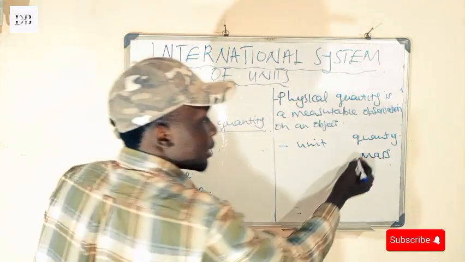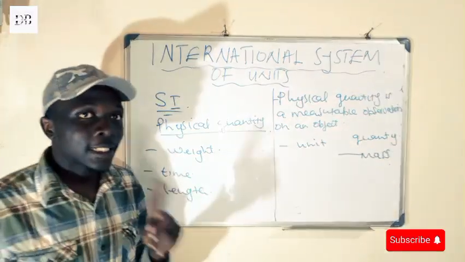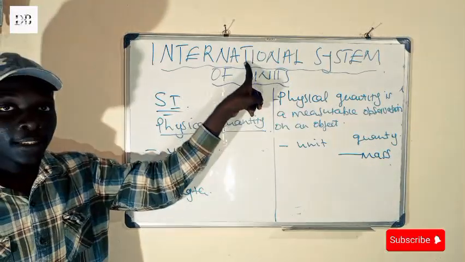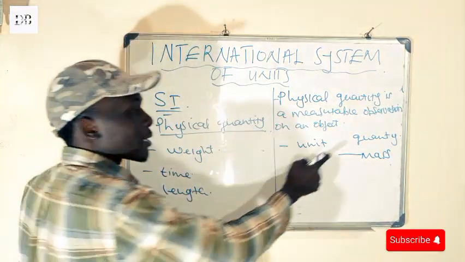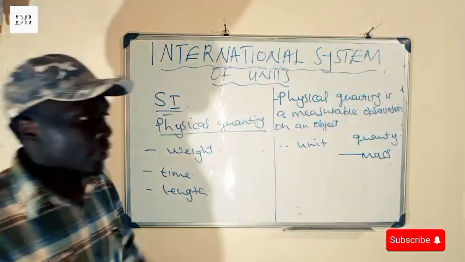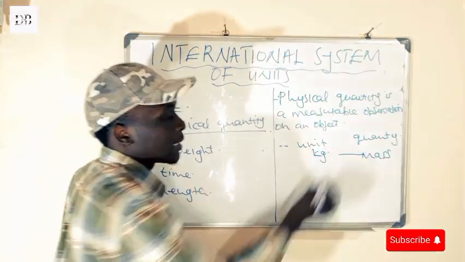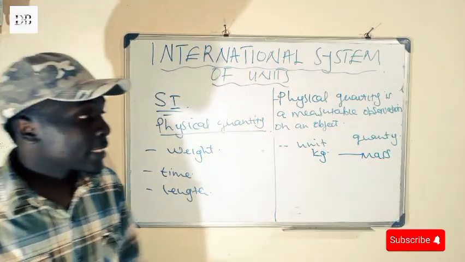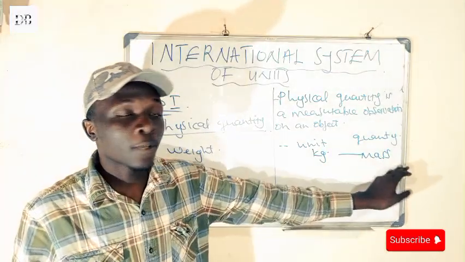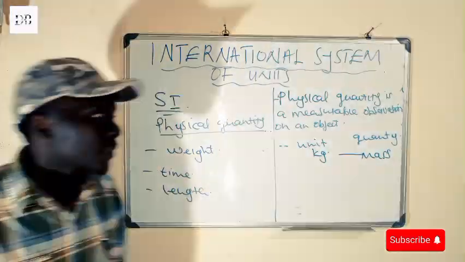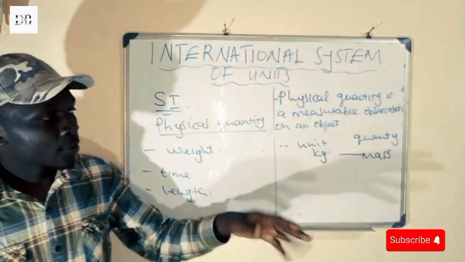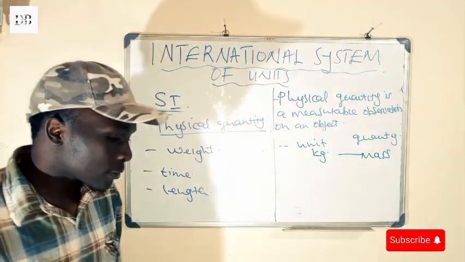Since we need to know one unit that is internationally accepted, that is why we need to know the SI unit. So the SI unit for mass is always the kg, the kilogram. This is the basic SI unit for the quantity mass. So this is what is a unit and this is a quantity.